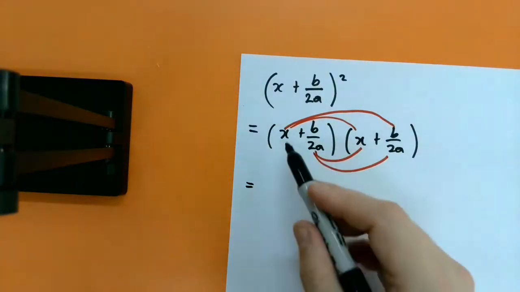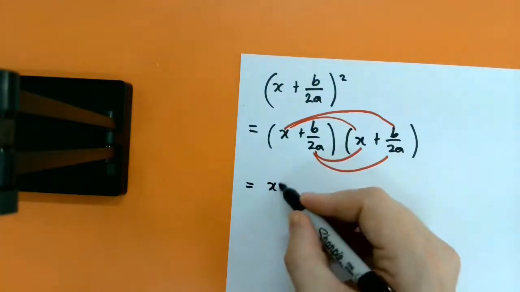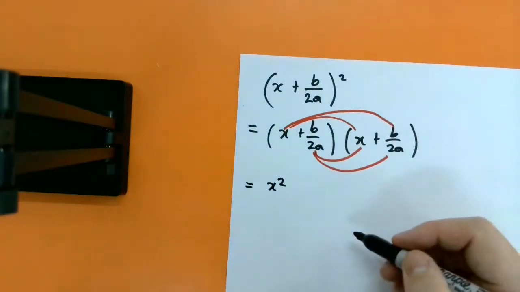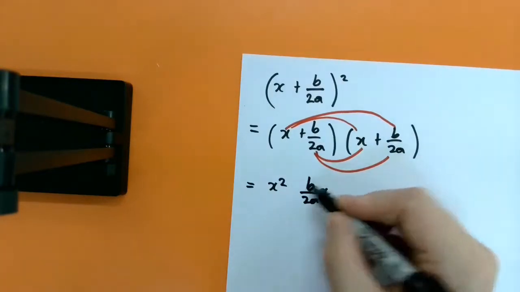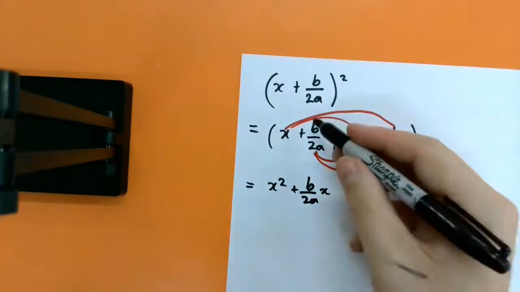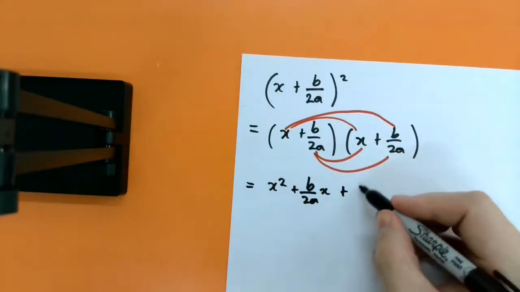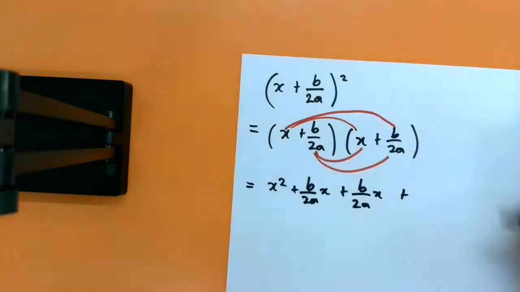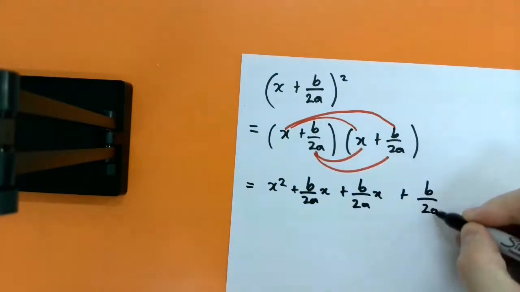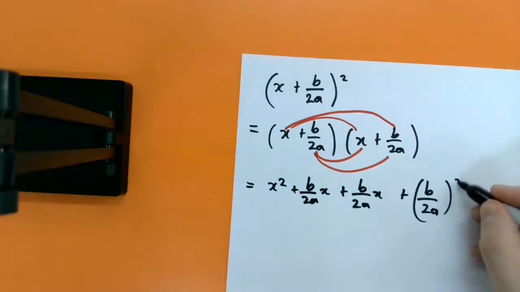Our first term becomes x times x, which is x squared, plus x times b on 2a, which is b on 2a x, plus x times b on 2a, so that becomes another b on 2a x, plus b on 2a squared when we multiply these two things together.